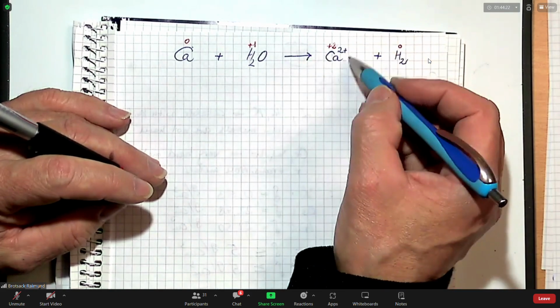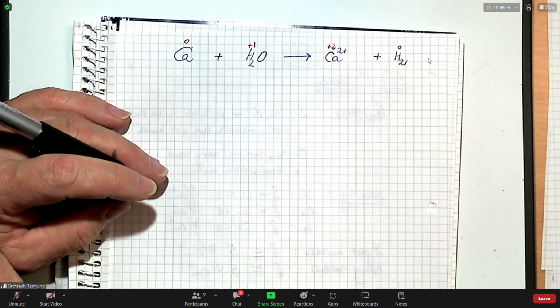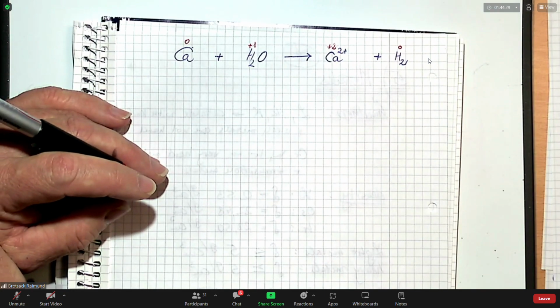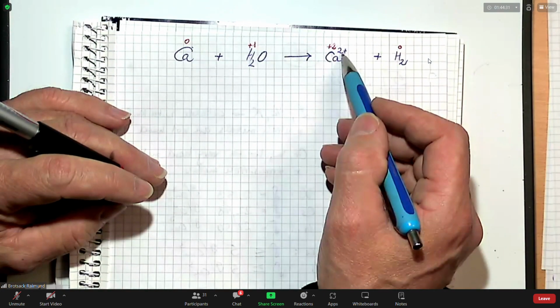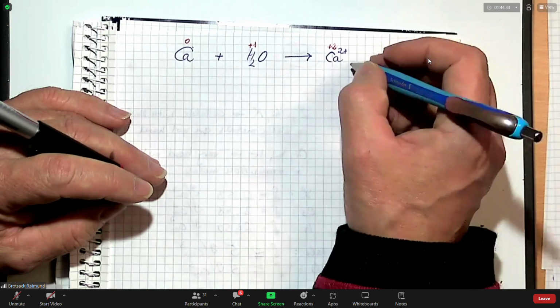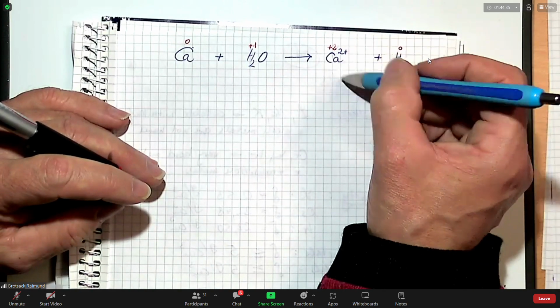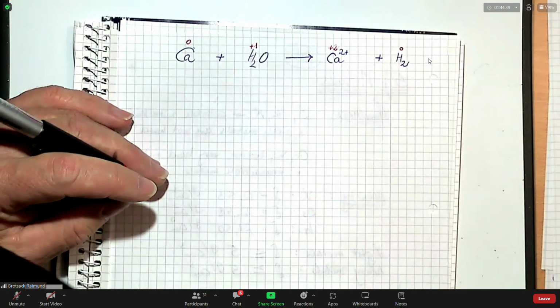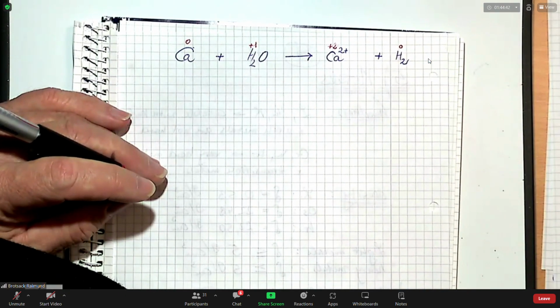What is formed additionally to the hydrogen and the calcium 2+ ions? What do you think? Here we have 2 positive charges. Oxygen -2. Did you ever hear about O2- existing singularly?